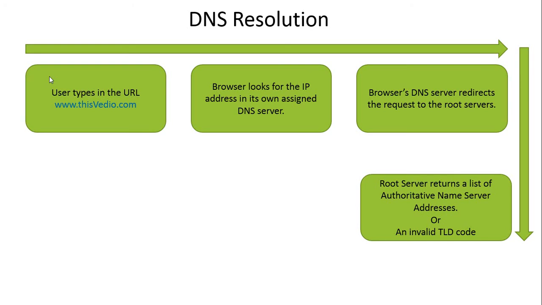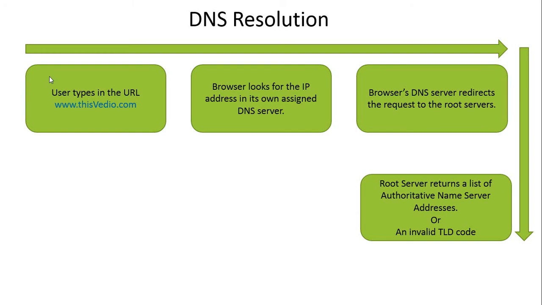That is the case when you sometimes see on your browser a message which says the DNS server could not be identified or the resource could not be located. In this case, the root servers have given an invalid TLD code, which means that the URL you have entered is not a correct one, is not registered with the internet yet.